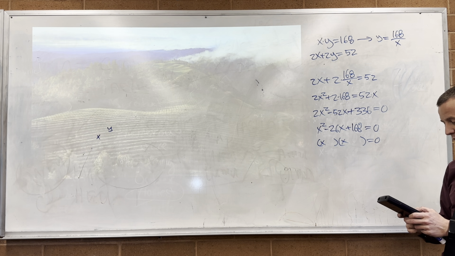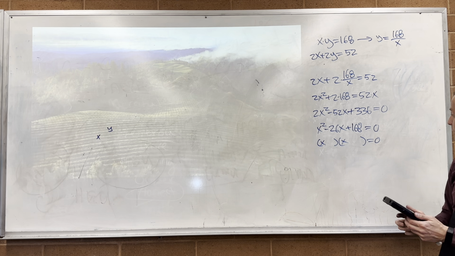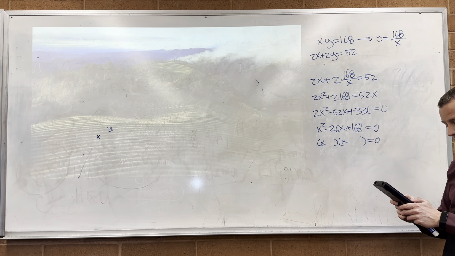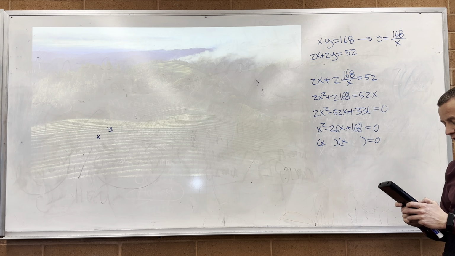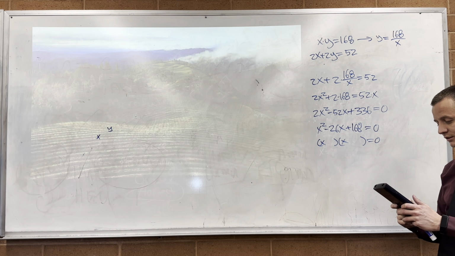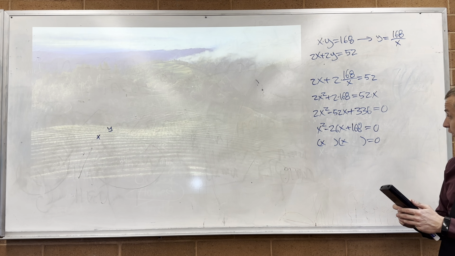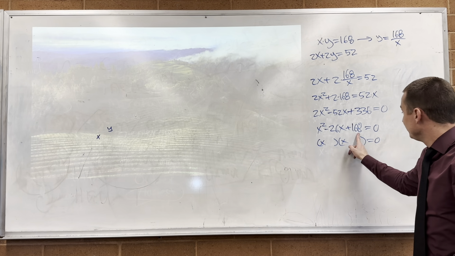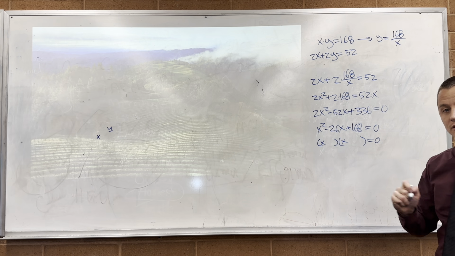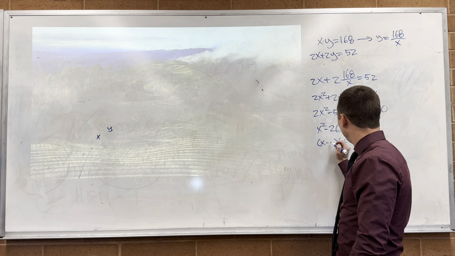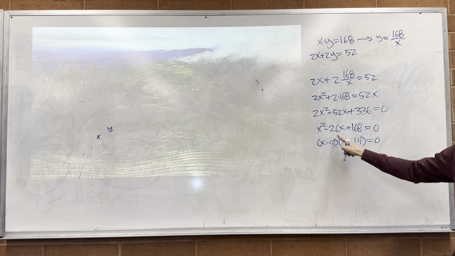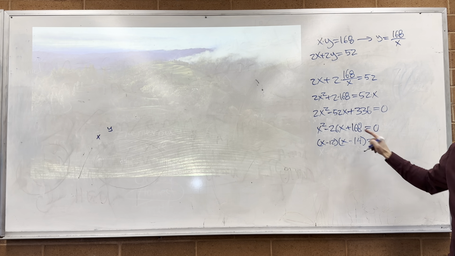Let's take some guesses. 168 divided by 8 gives me 21. 21 and 8 would give me 29. Doesn't come out nice. What else might go into it? 12 goes into it 14 times. And so 12 and 14 gives me 26. So this is going to be minus 12 and minus 14. Adds together to give me minus 26. Multiply together gives me 168.